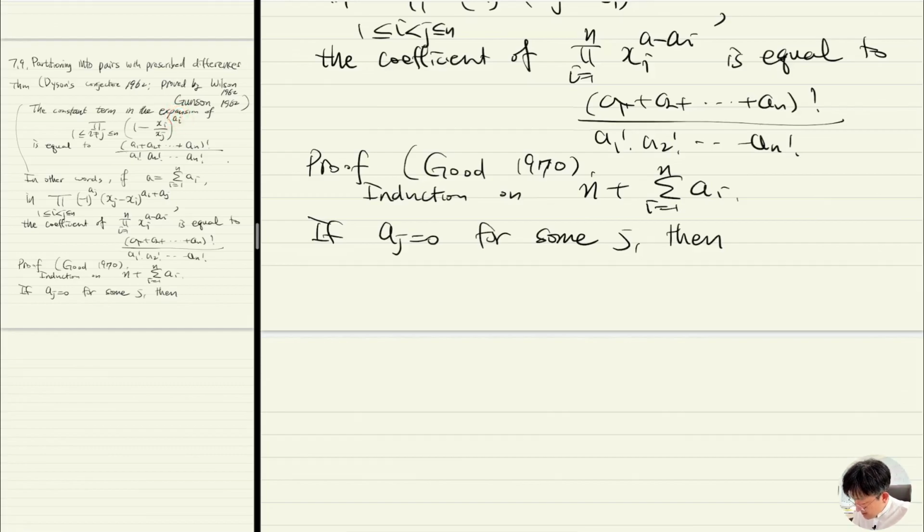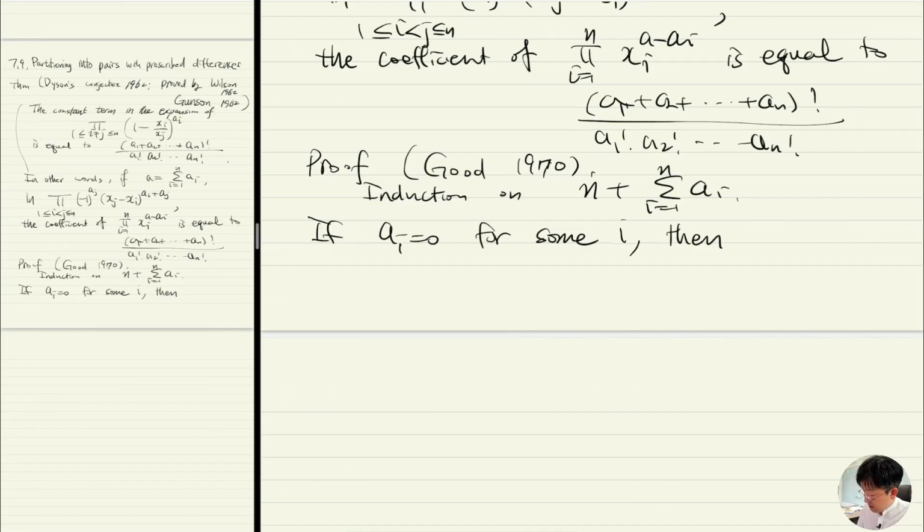Let's say ai to be less confusing. If ai is 0, then xi will never appear on top, right? It's only going to appear in the negative exponent, so it will never contribute anything to the constant term.